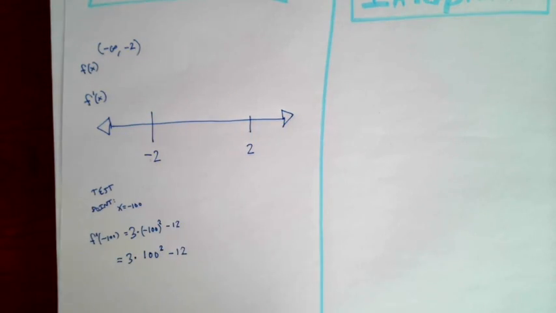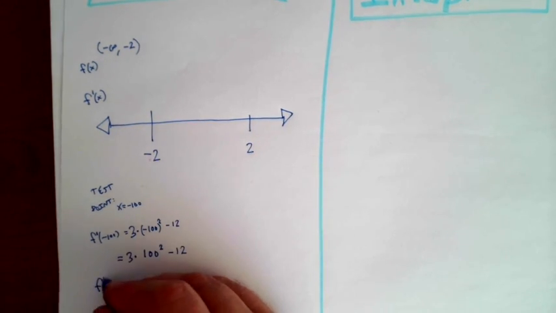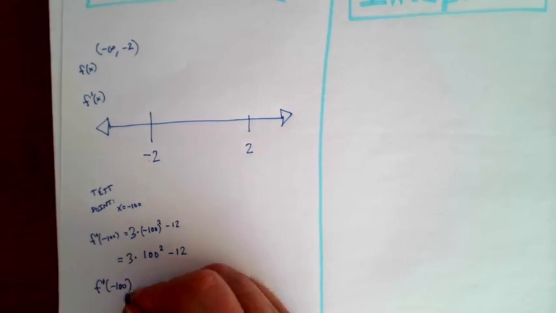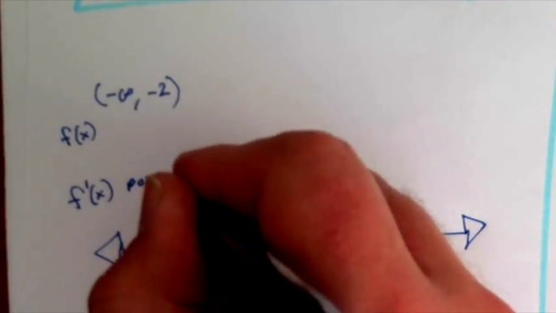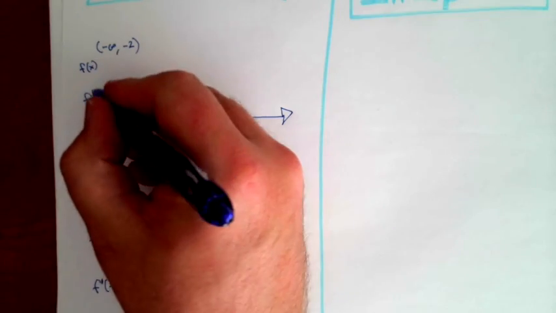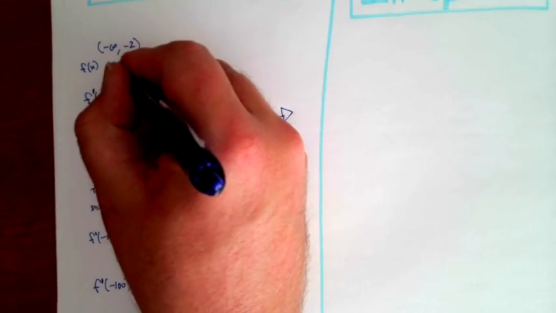I don't need the exact calculation here. What's important is that f prime of negative 100, and so f prime of every value from negative infinity to negative 2, is positive. From that, I can interpret that f of x is increasing on this interval.